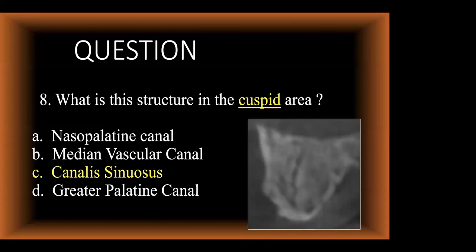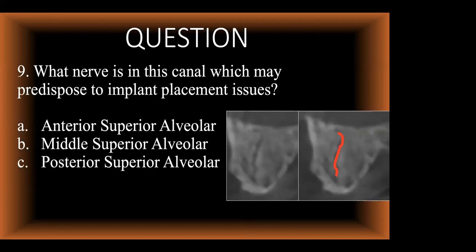The nasopalatine canal is in the midline, so that would not most likely be in the cuspid area. The median vascular canal is in the mandible. The median vascular canal is the anastomosis of the right and left sublingual arteries. So that's right in the midline of the mandible. And the greater palatine canal is posterior. So what is this canalis sinuosus? Well, let's go to the next question and then we'll answer that.